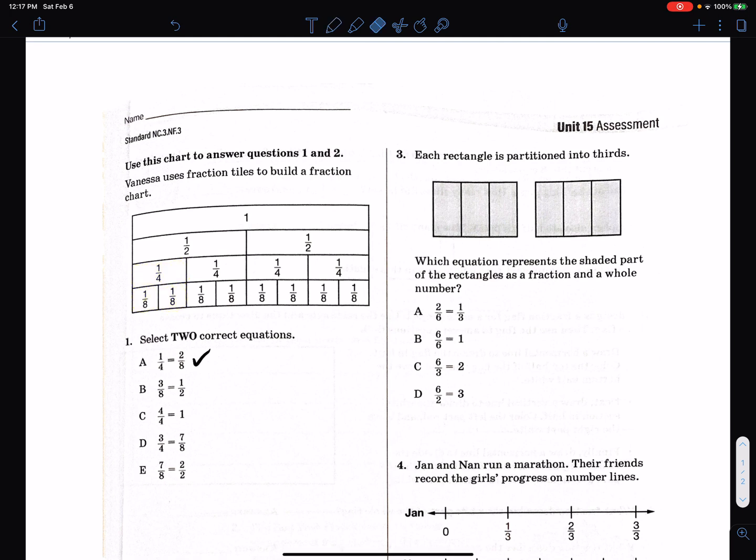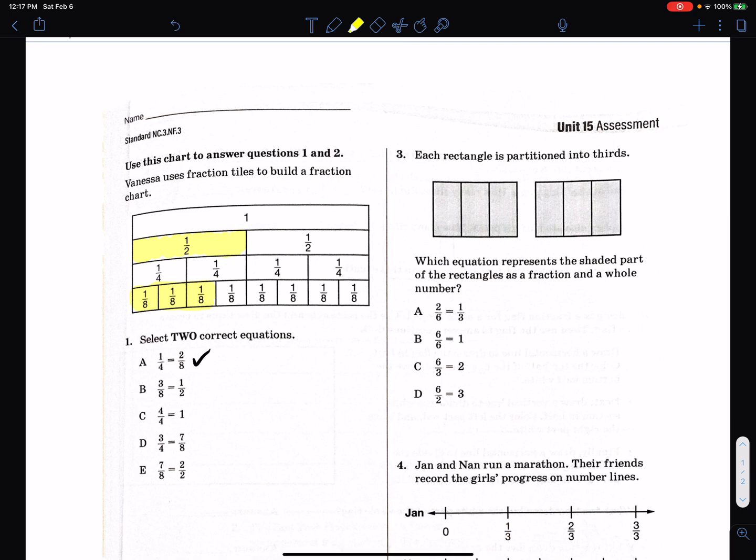All right, now I'm going to go to letter B. I see that they think 3/8 is equivalent to 1/2. So I'm going to shade in my 1/2. And then they said 3/8. So I'm going to color in 3/8. 1, 2, and 3.